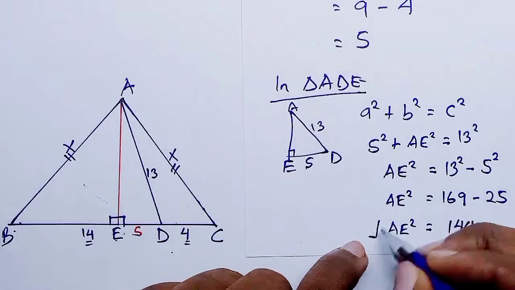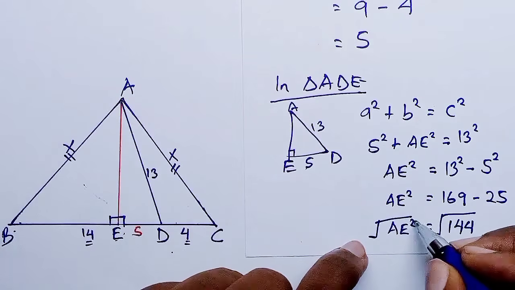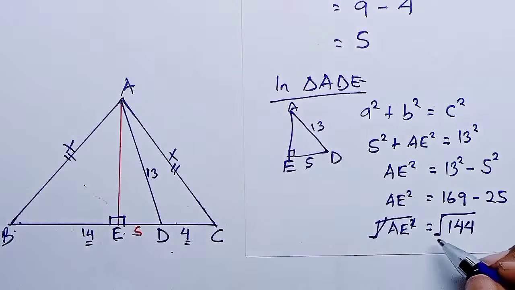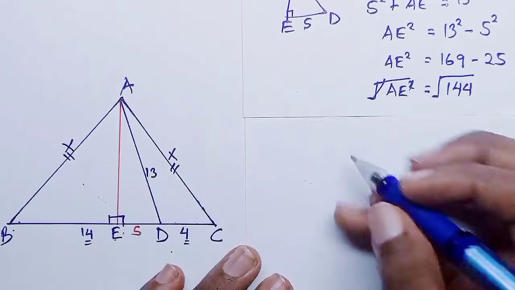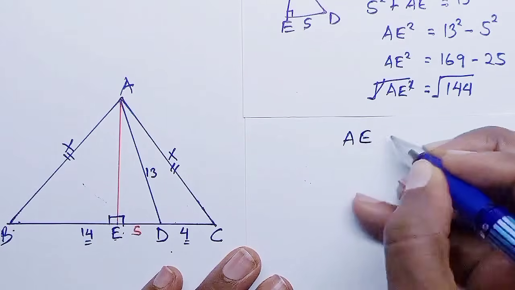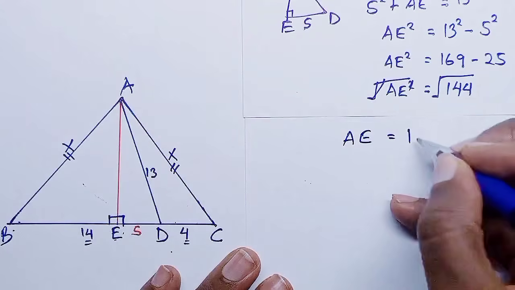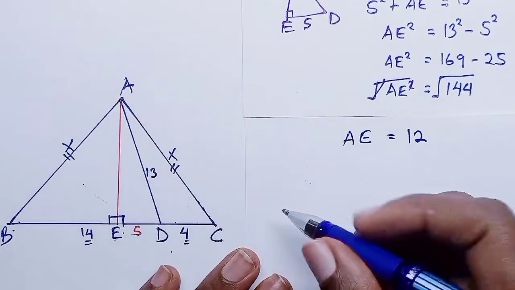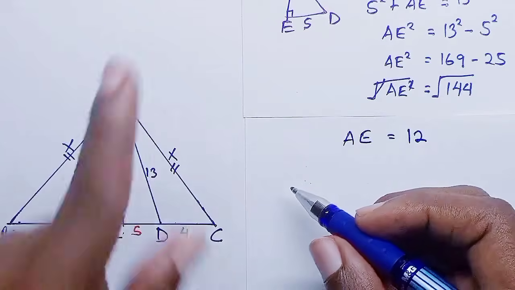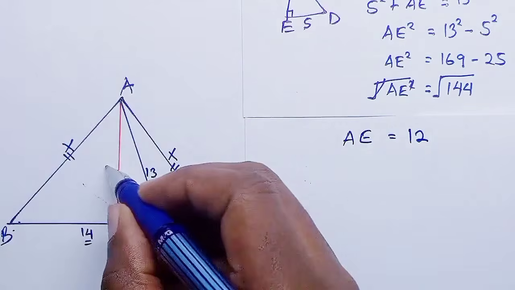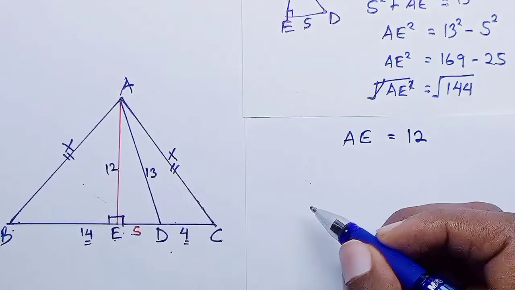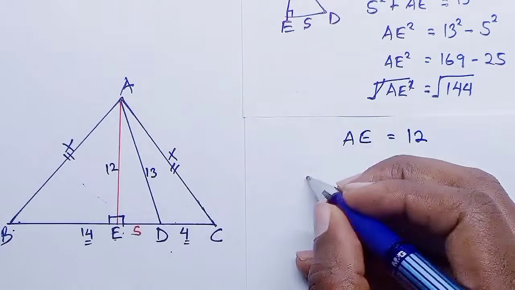Now we find the square root on both sides. So this square cancels with the square root. And therefore, AE is equal to square root of 144 is 12. Therefore, AE here is 12.